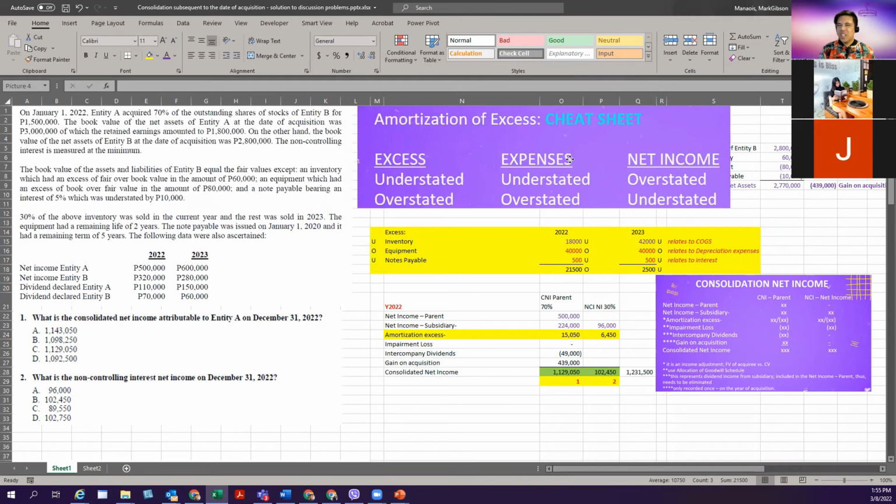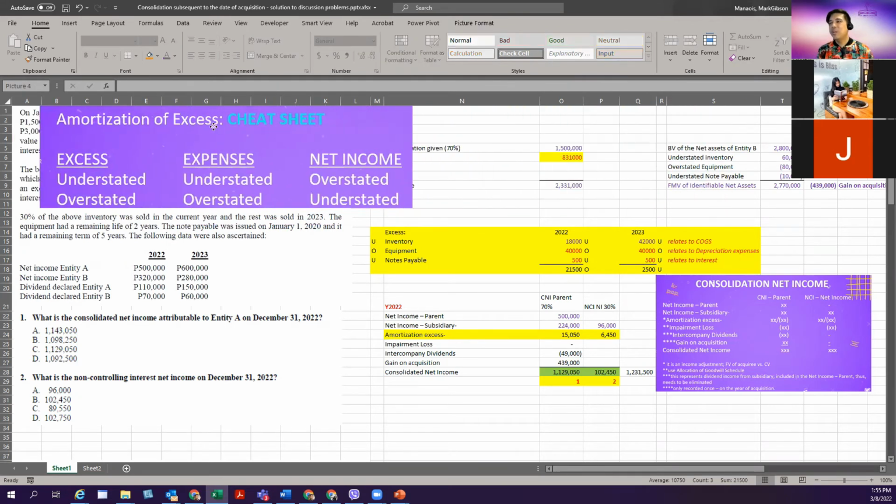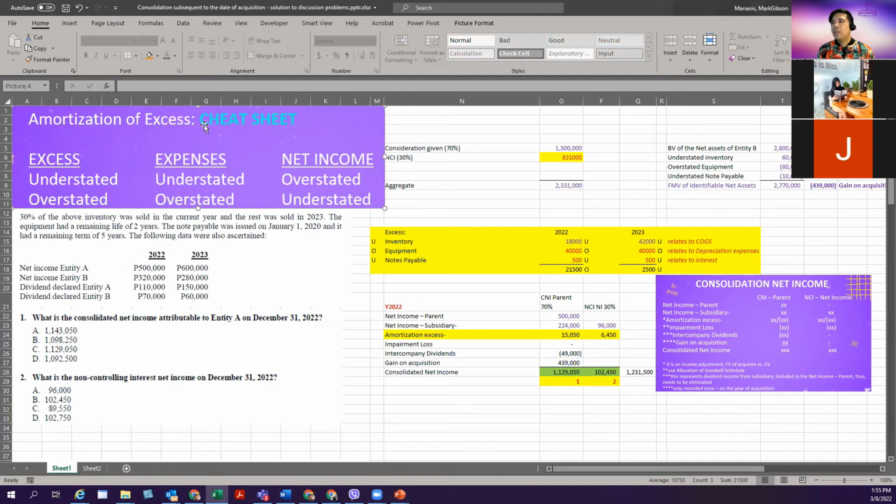That's the only part you need to analyze. But I don't think you will struggle with that because our basis is fair value. If the fair value is higher, it is understated; if lower, overstated. Check whether it's an asset or liability, then the treatment, of course. Okay, let's proceed with the other requirements.